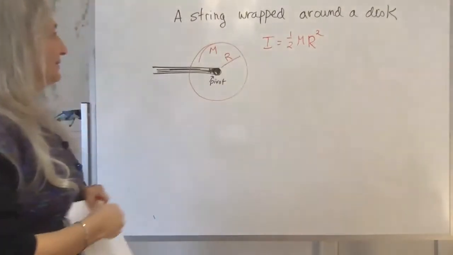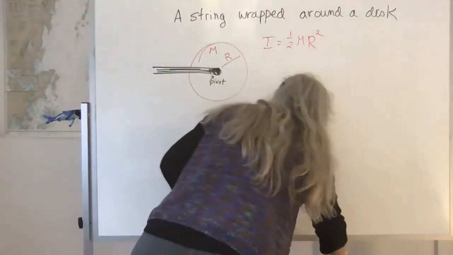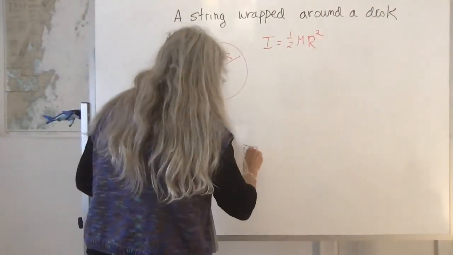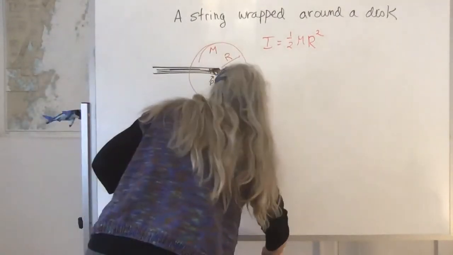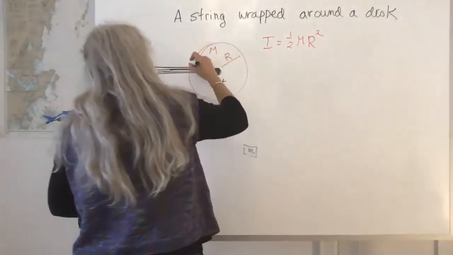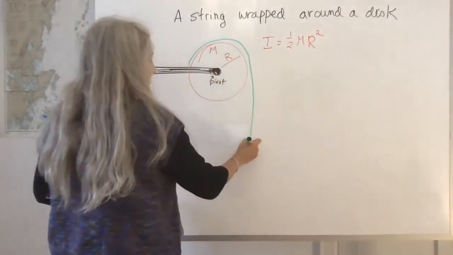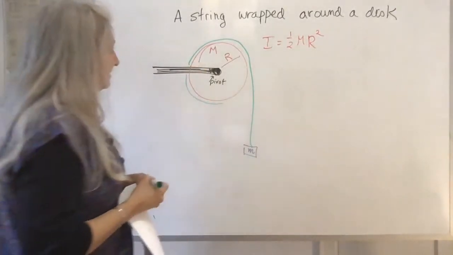I have to make sure I'm using the right notation. Now I have another mass down here, little m, and I'm going to put a string around the disk, and it's connected to the mass. So this is running around the disk.